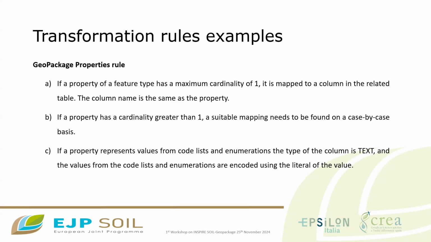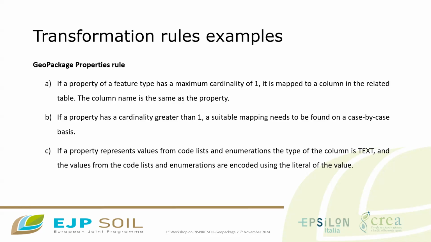If a property of a feature type has a maximum cardinality of 1, it is mapped to a column in the related table. So the soil feature type, let's say the soil site feature type or the soil plot feature type, becomes a table in the GeoPackage, and the attributes become columns in the table.